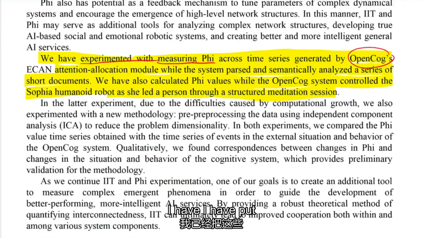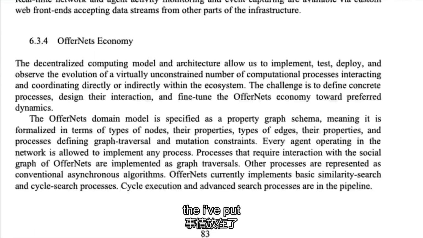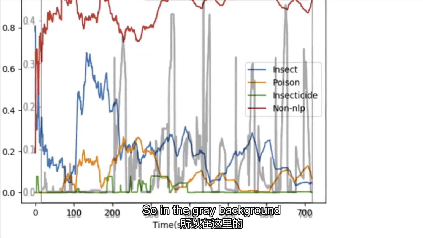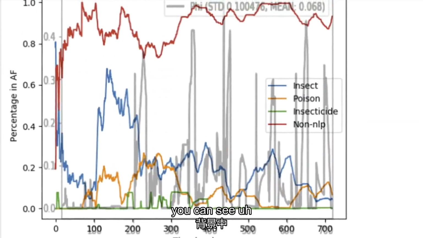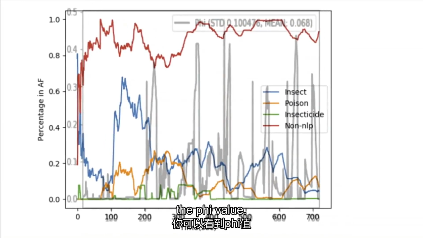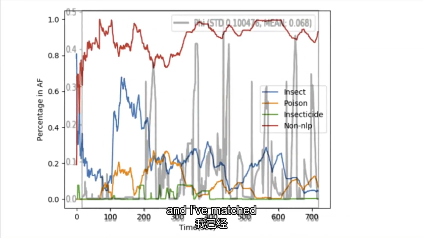In fact, I've put these things above one another. So in the gray background here, you can see the phi value, and I've matched up the time steps right here. And so the claim is that here insecticide marginally bumps up, and then this phi spike is here.